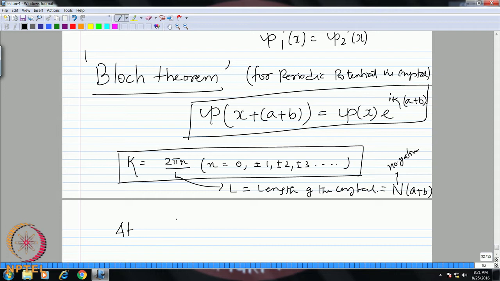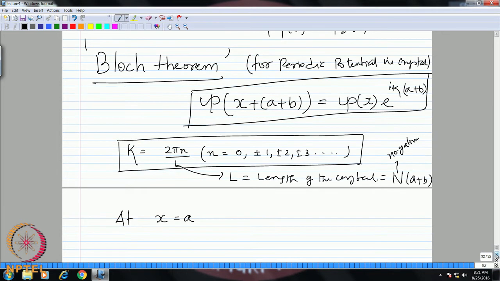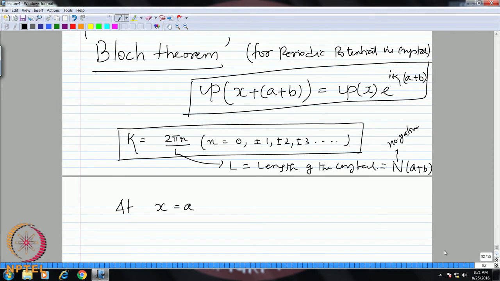Okay. If you therefore apply this Bloch theorem at x equal to a, that means we are going to write the wave function at x equal to a in terms of x equal to minus b, right, because it is periodic about a plus b. So, at x equal to a, we apply Bloch's theorem, which says that psi at x equal to a should be equal to psi at x equal to minus b times exponential i kappa (a plus b).